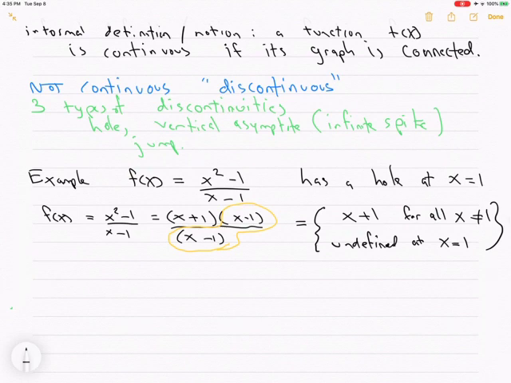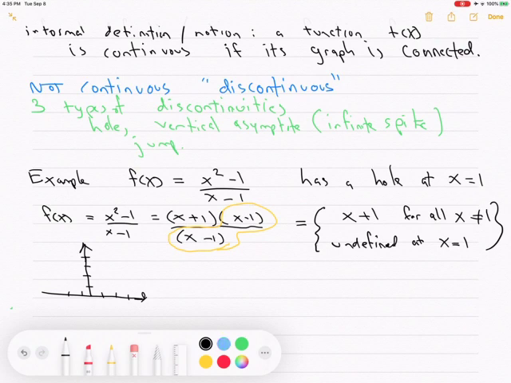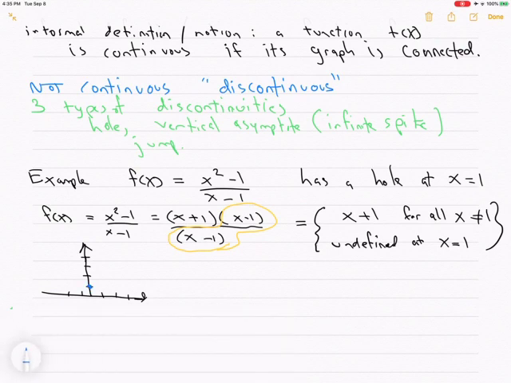So if we were to look at a graph of this function, let's plot a couple of points. So if we were to graph this thing, then we see when x is equal to 0, y is equal to 1. You just do the calculation yourself.